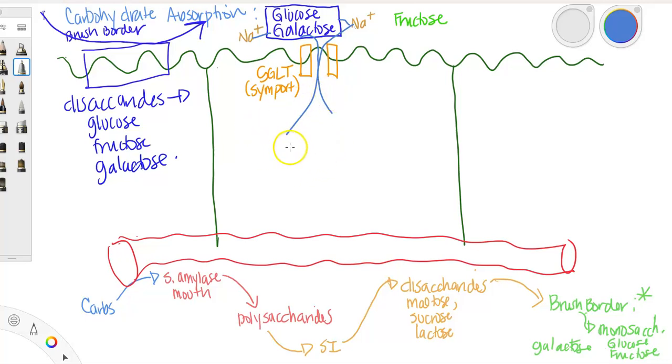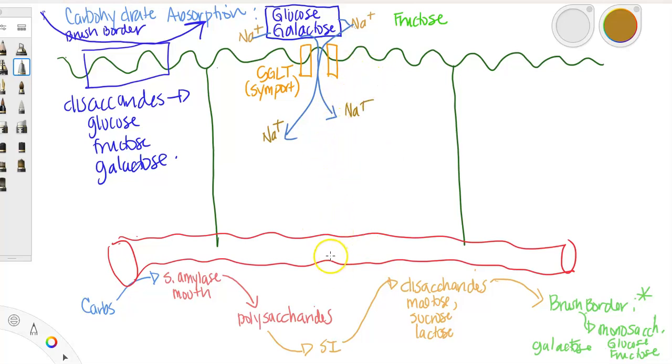So it's going to come in here, sodium, and then glucose and galactose.